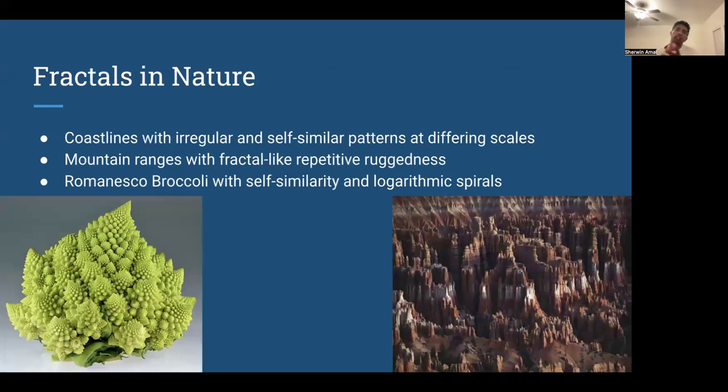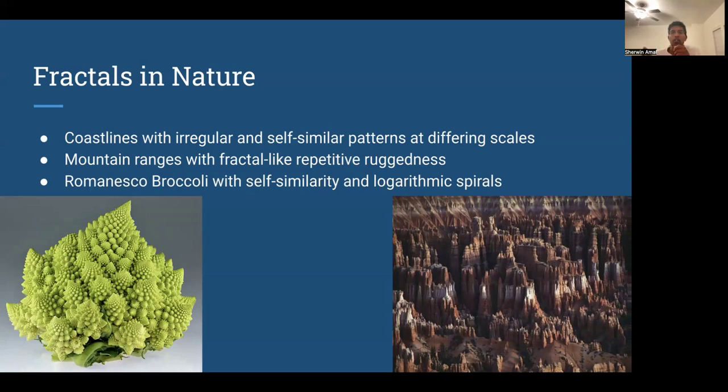Whenever we're looking at fractals in nature, we find coastlines with irregular or self-similar patterns, like the picture I showed earlier, that can be applied to differing scales. No matter which specific scale it is, there will be some sort of coastline pattern that can simplify understanding how coastlines are made.